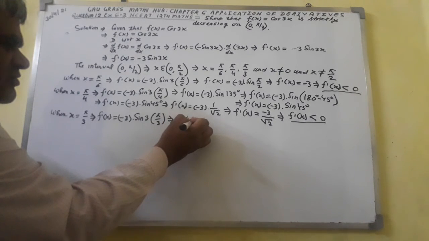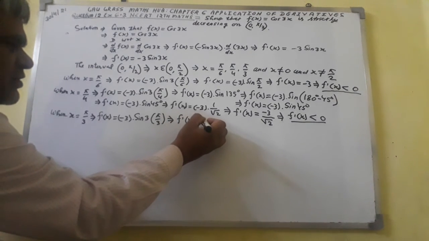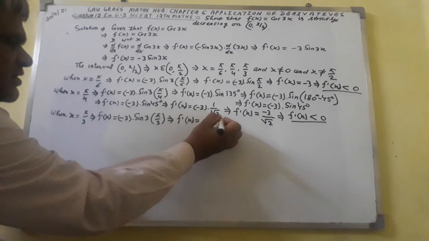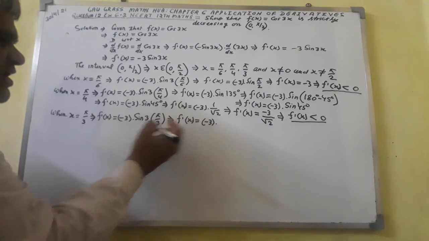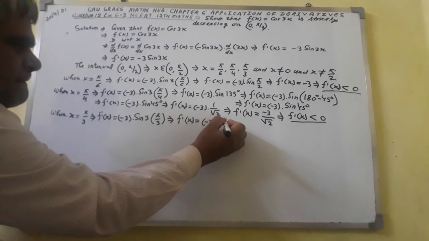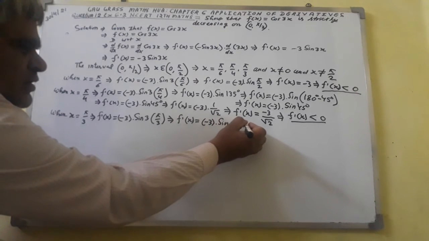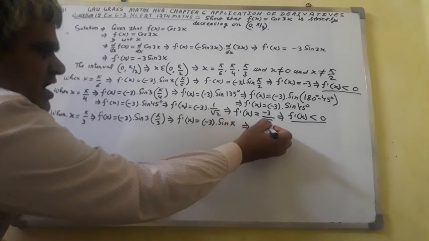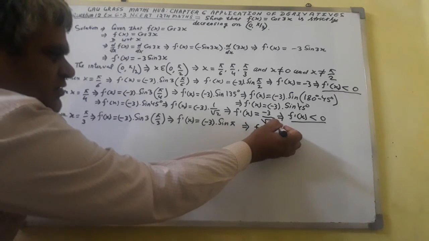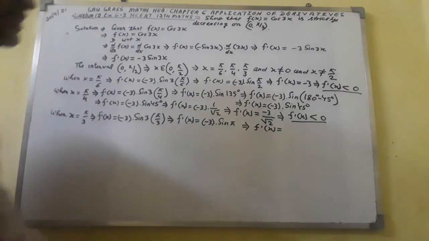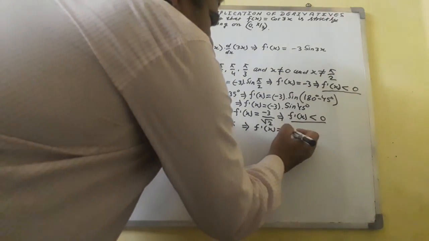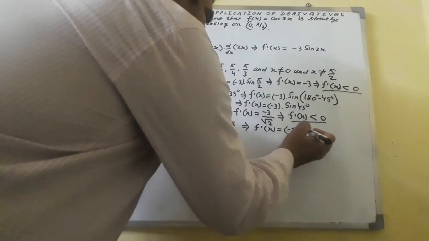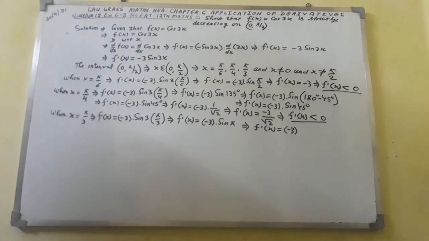equal to minus 3 dot, 3 will be cancelled out, get here sin pi. Implied that f dash of x equal to minus 3 and sin pi.